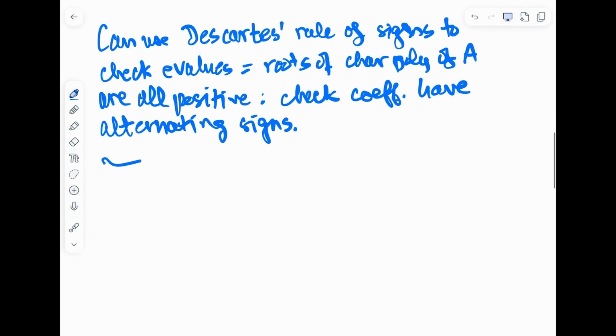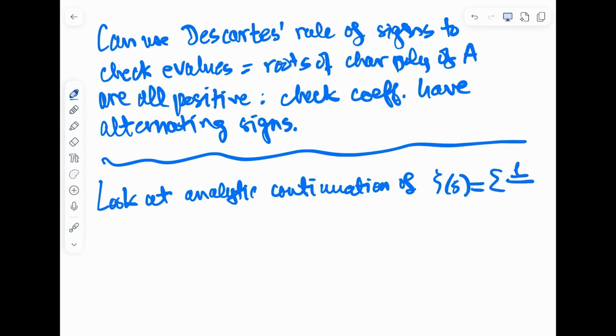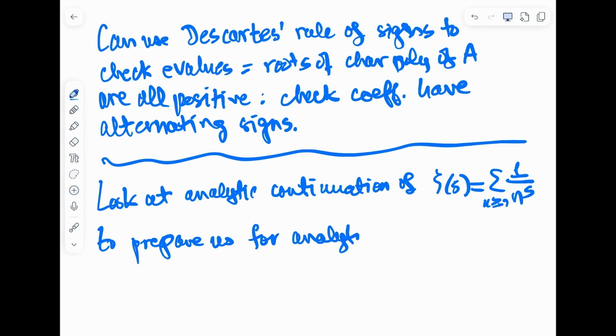So we're going to look at the analytic continuation of the Riemann zeta function, to prepare us for the analytic continuation of the zeta function of a quadratic form. Now, should you say meromorphic continuation? I don't know, whatever. Anyway, there could be a poll. Okay, there will be a poll, but we'll say analytic continuation anyway.